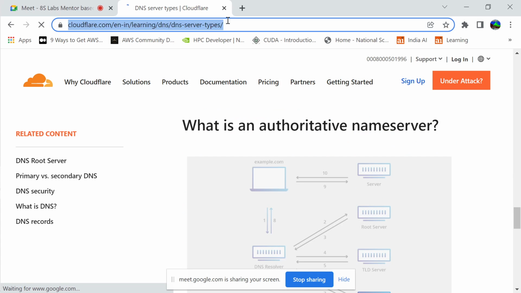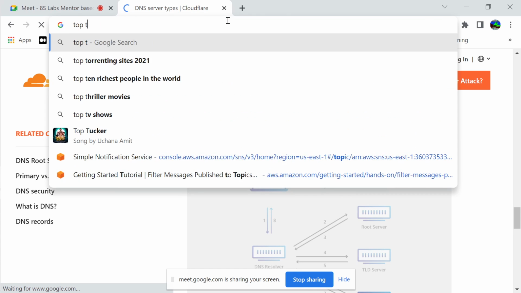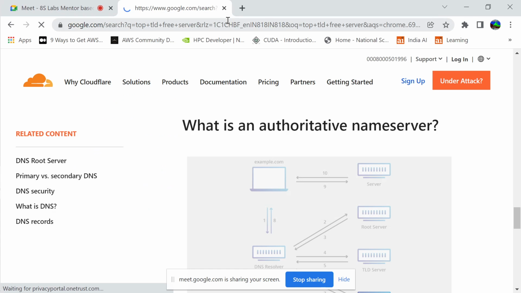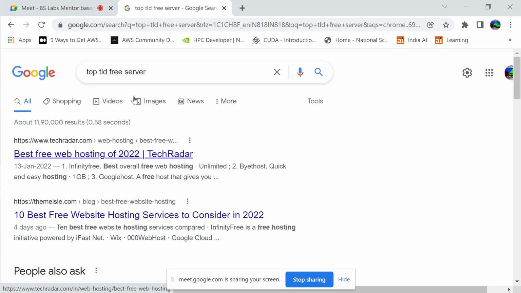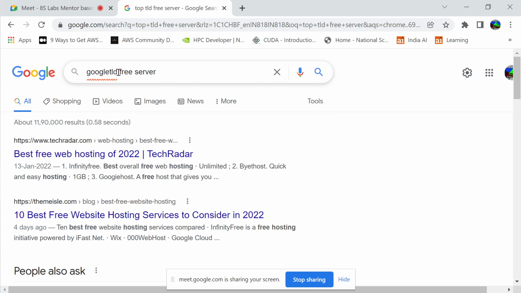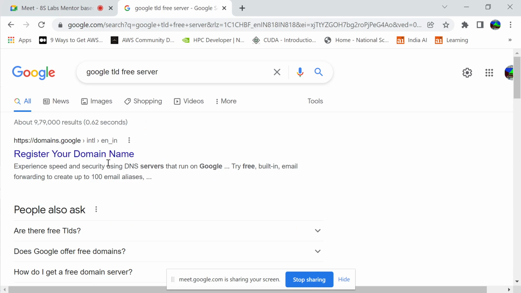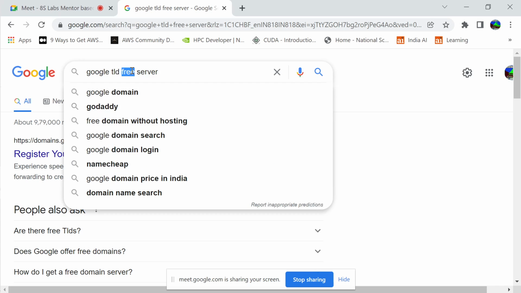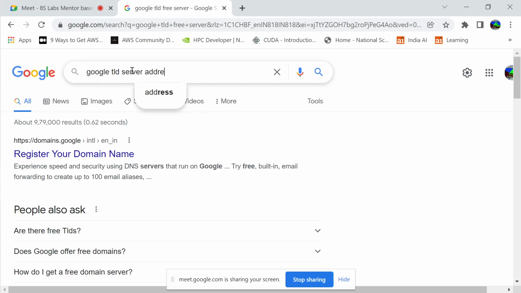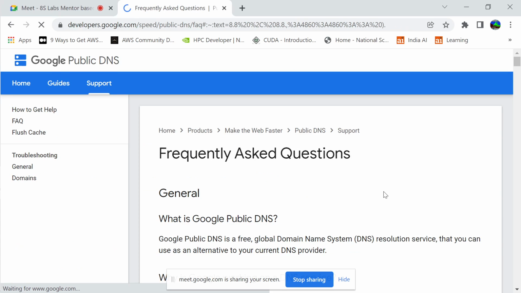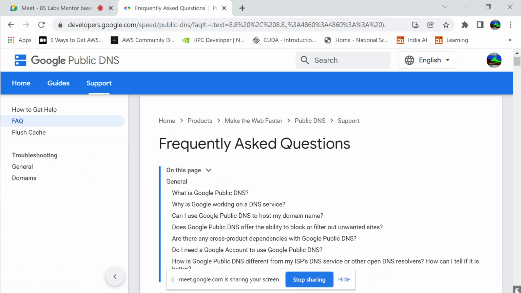So let's say Google's free DNS server, it's actually 8.8.8.8. So it says it's a public DNS, meaning that database is open to the public.